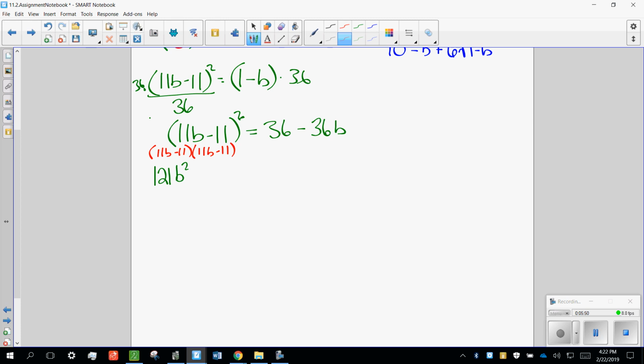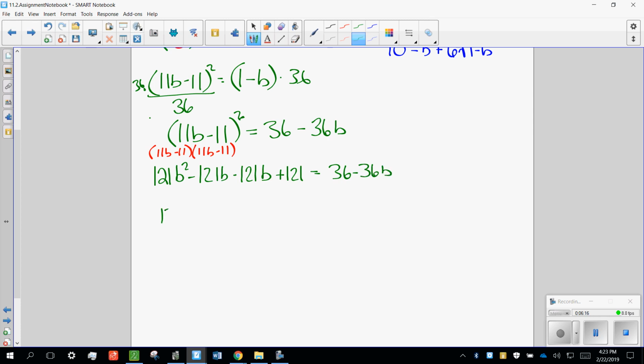So we're doing 11b times negative 11 right now. That would be negative 121b. And then a negative 11 times another 11b is another 121b. And then negative 11 times negative 11 is a positive 121. That equals 36 minus 36b.